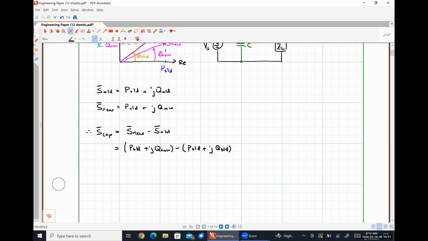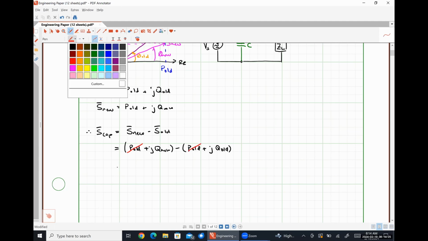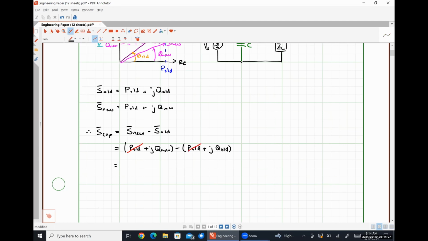The P olds wind up canceling each other out, and we're just left with j Q new minus Q old, or j Q cap.